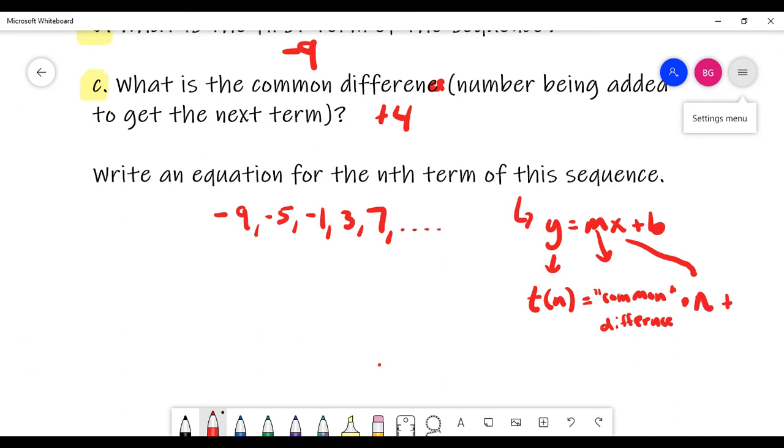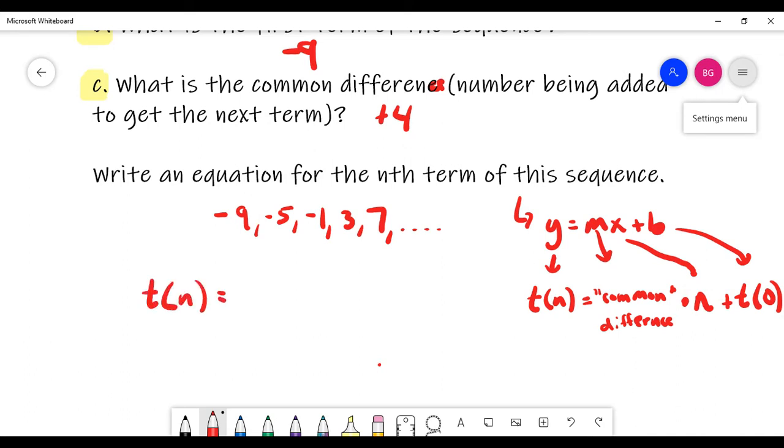And that plus b is now going to be our t of 0, which means we have to find the 0 term in the sequence. So if we're trying to write this equation for this arithmetic sequence, we start off by saying t of n, because it's going to be a generic equation.